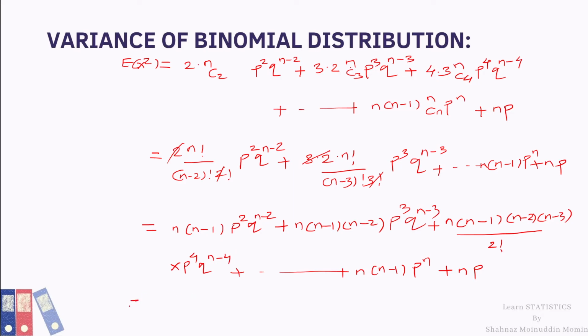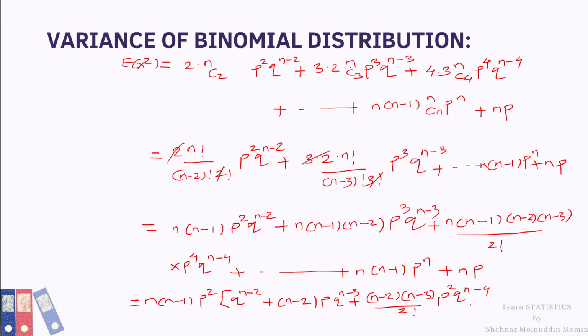So it is n into n minus 1 p square into the bracket: q raised to n minus 2, plus n minus 2 into p into q raised to n minus 3, plus n minus 2 into n minus 3 divided by 2 factorial into p square q raised to n minus 4, and the last term is plus n into p.